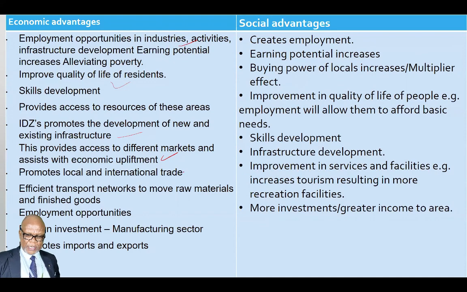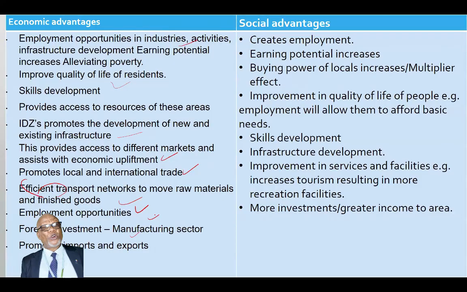It promotes local and international trade and an efficient transport network to move raw materials and finished goods. So the efficient transport that we're talking about here, this IDZ is the same as SDI. Employment opportunities, foreign investment, it promotes imports and exports. So you see the link between the concepts, between the IDZ and SDI.